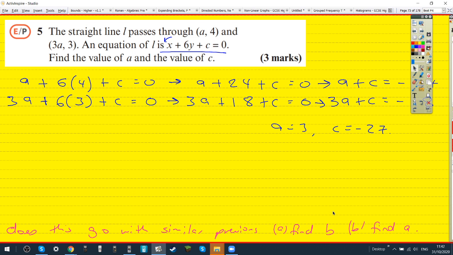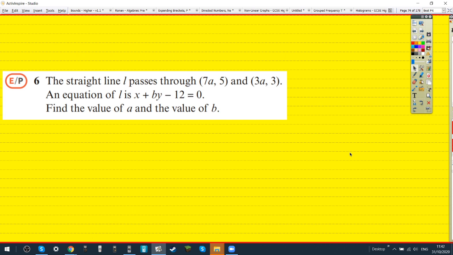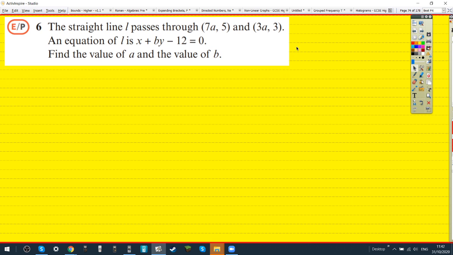And then for the other one, it would be written out as 3a plus b(3) minus 12 equals 0. Yep. And then you'd work it out, so the first one would be 7a plus 5b minus 12 equals 0. The second one would be 3a plus 3b minus 12 equals 0.